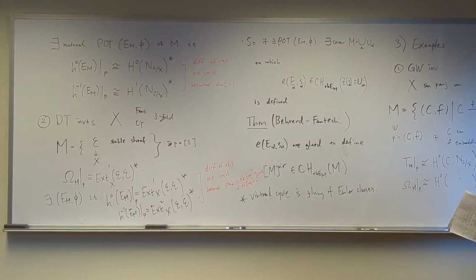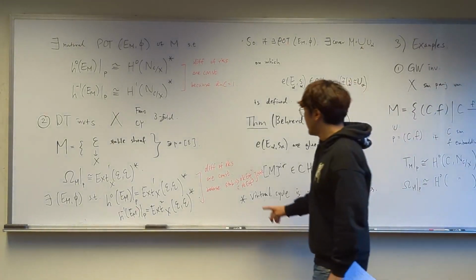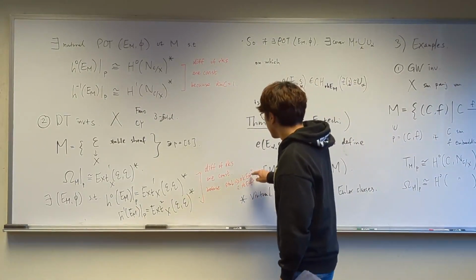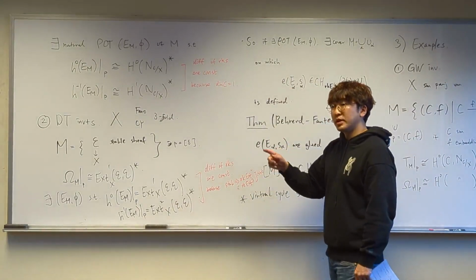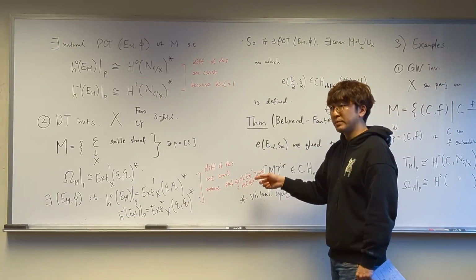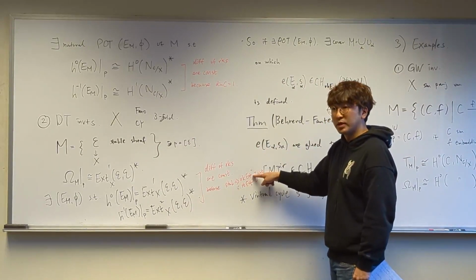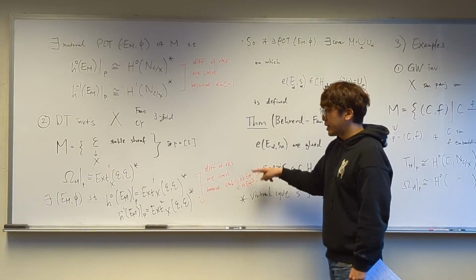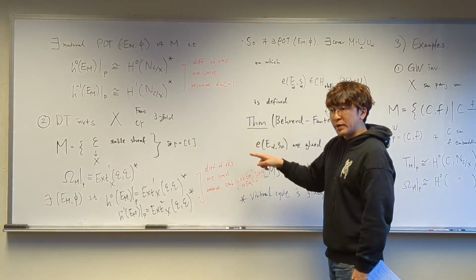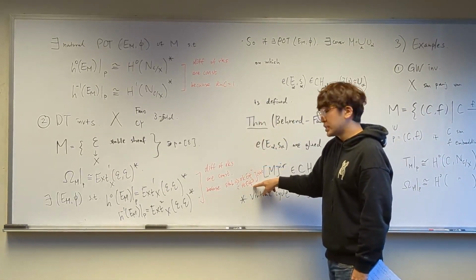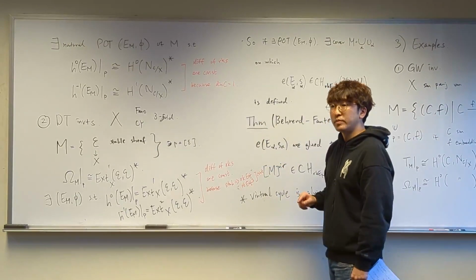Where are you using the Fano or Calabi-Yau? Calabi-Yau. The definition of stability in this simplicity says this is always 1. But if we have a Calabi-Yau condition, then duality says this is also rank 1.